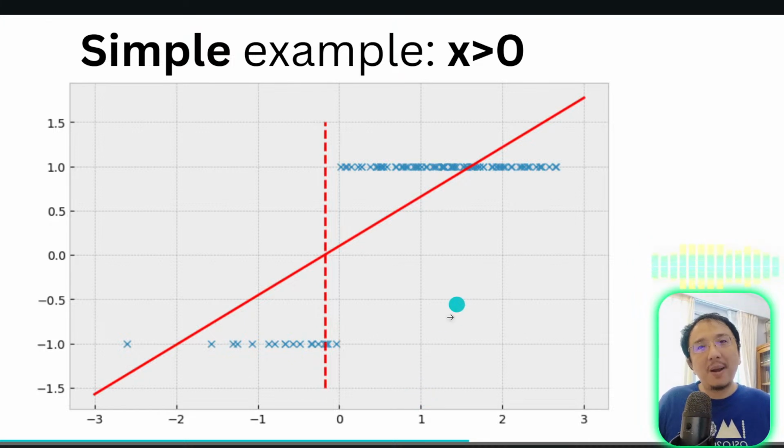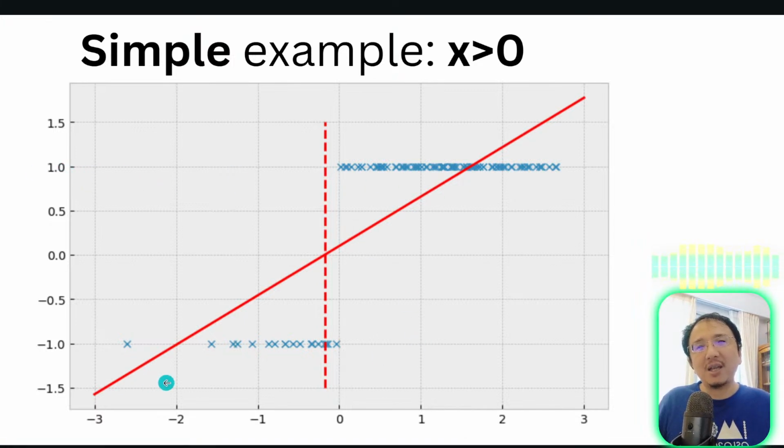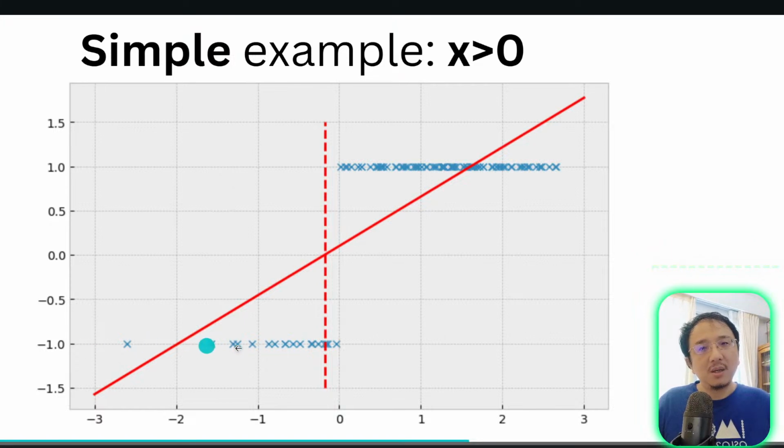We can give any positive a label like 1 and any negative a label of 0 or negative 1. For simplicity, we give positive numbers a label of 1, and all negatives a label of negative 1. So the graph looks like these crosses.